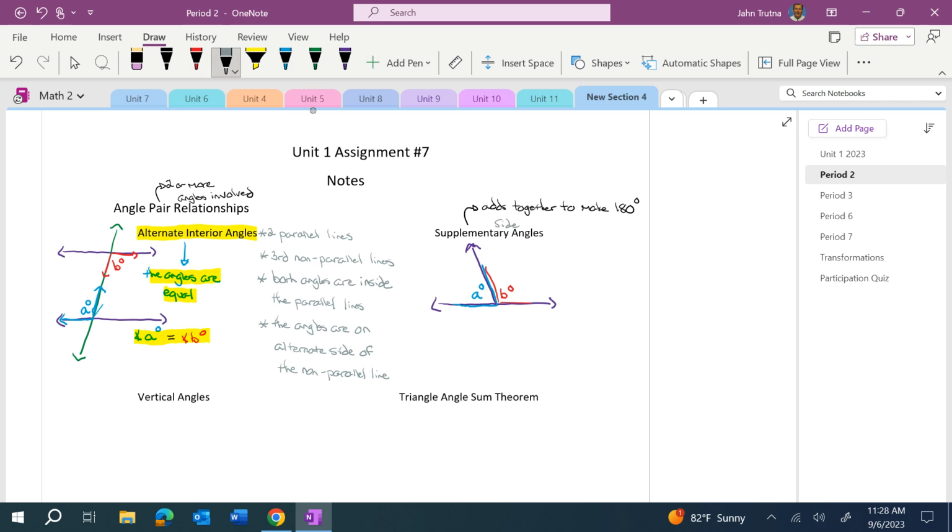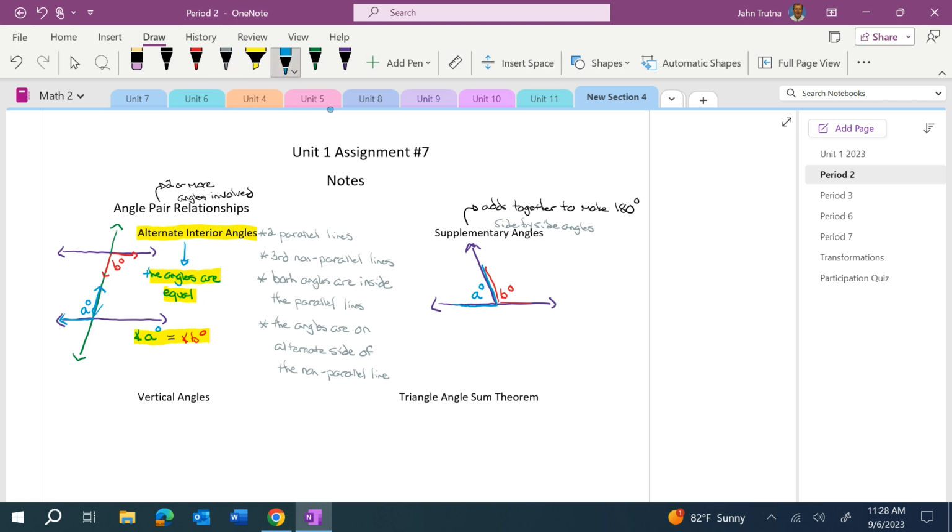Side by side angles. That means that those angles are going to add together to make 180 degrees. In other words, when angles are side by side angles, they will be supplementary angles, okay? So what does that mean?